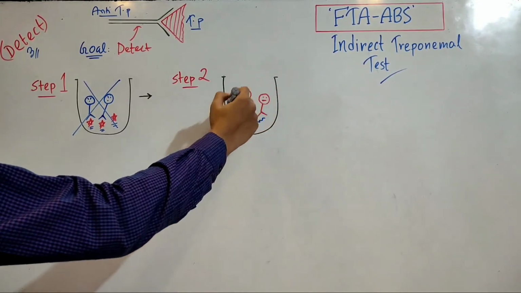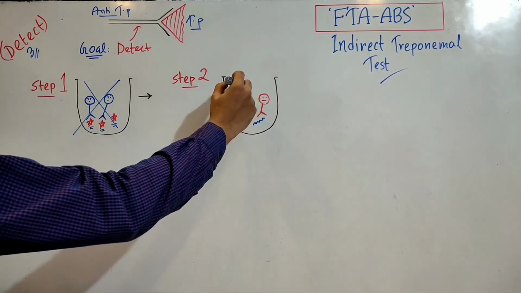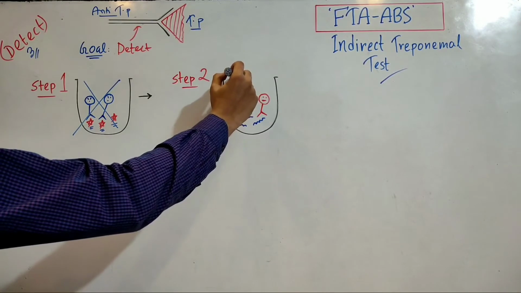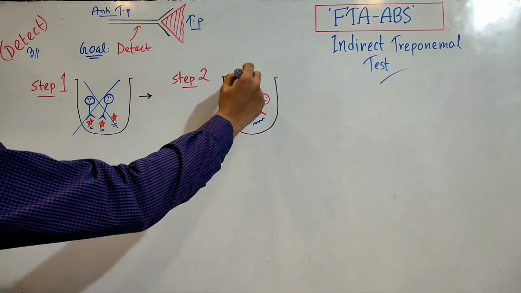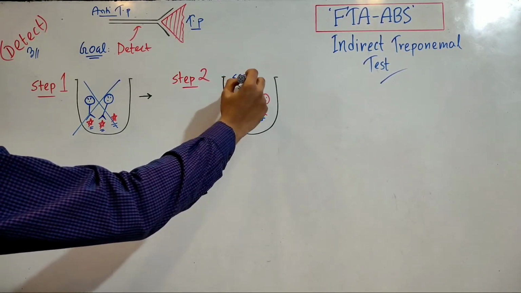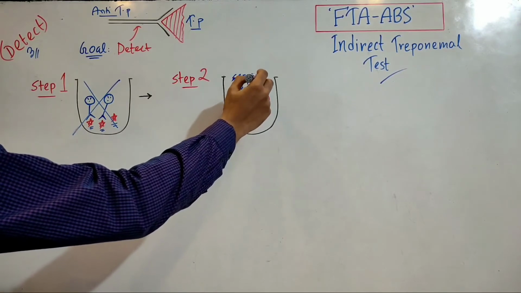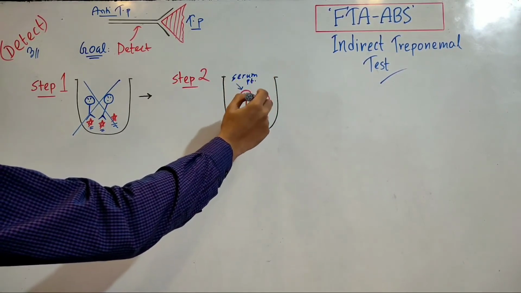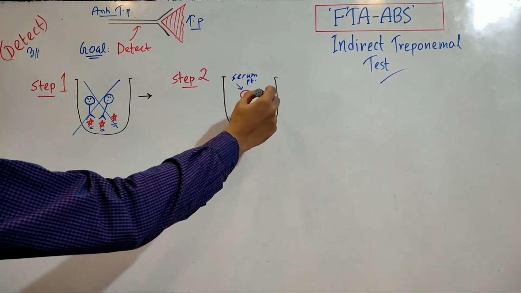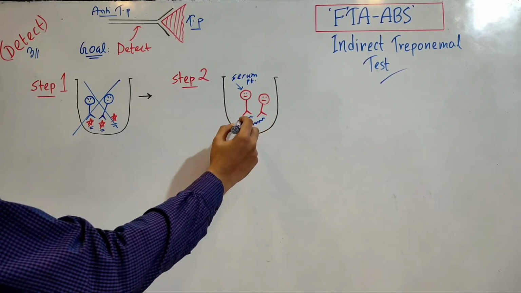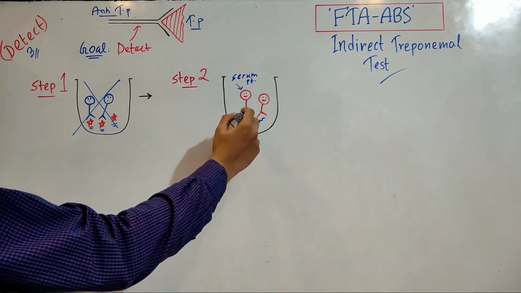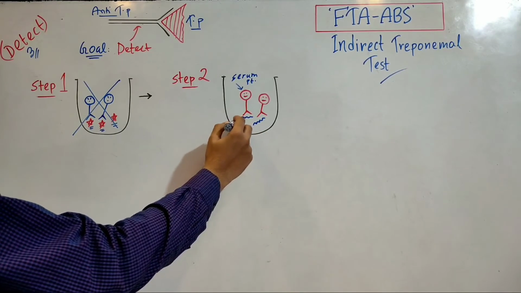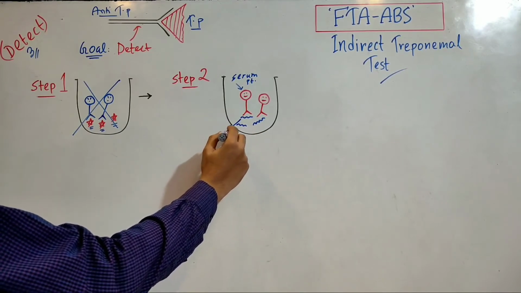So if we get this reaction, as I said, we get these main type of antibodies from the serum of an infected patient. So if the patient is syphilis positive, the patient's serum will have these main type of antibodies, and we have provided these Treponema pallidum antigens from an animal source, right?